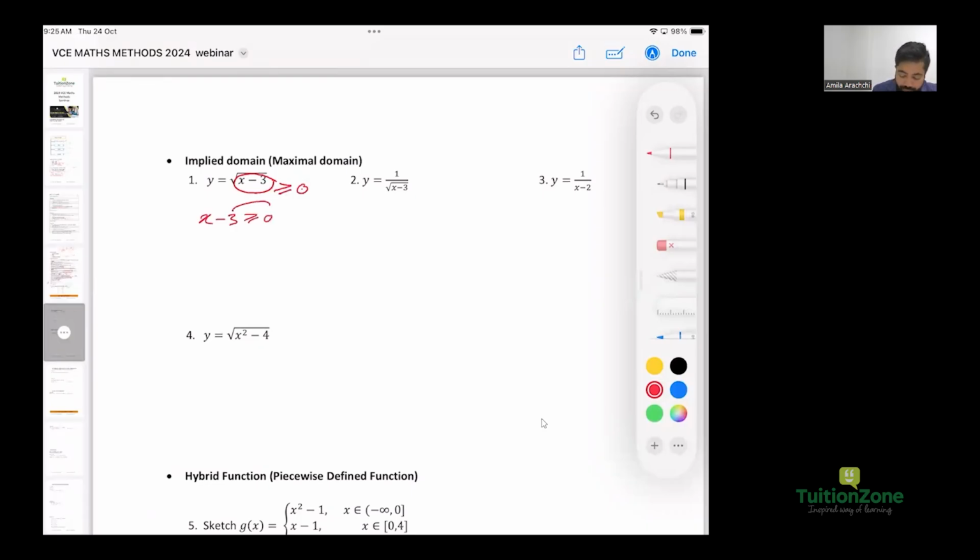So that's your answer. Perfect. Number 2, the same technique, but it can't be equal. Why? Because 1 divided by 0 becomes undefined. So you do exactly the same thing, but without the equal sign. So x minus 3 greater than 0, x is greater than 3.